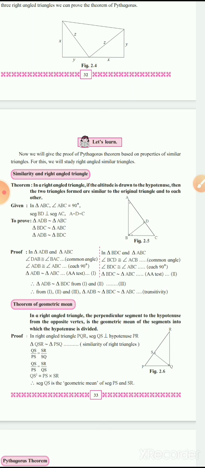These two triangles are similar to the original triangle ABC, and also similar to each other.